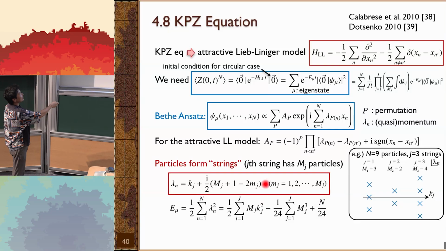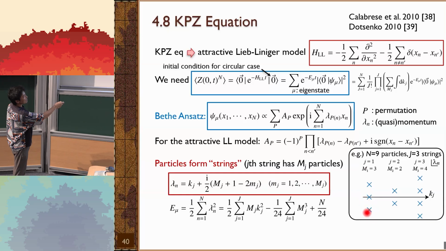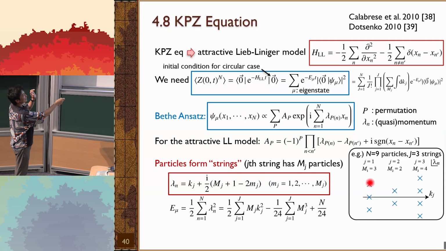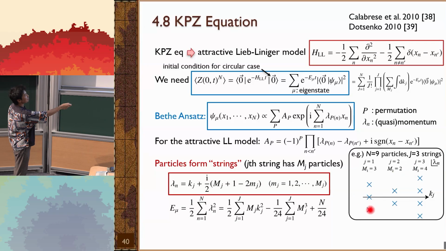And then this condition says that the 3 particles in the first string must be distributed like this. They have to have the same real part, and the imaginary part must be distributed like this. And spacing is always 1. So the imaginary part is minus i, 0, and plus i.